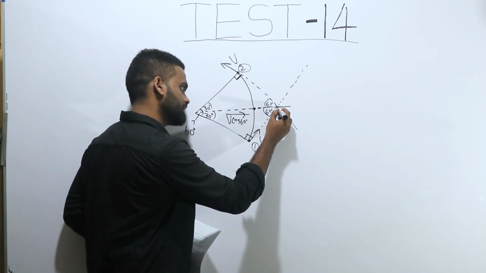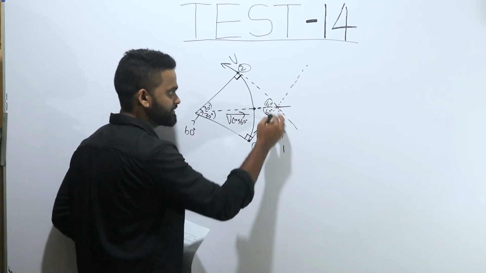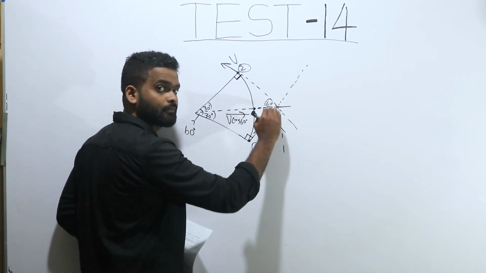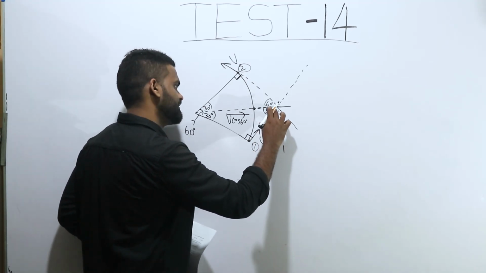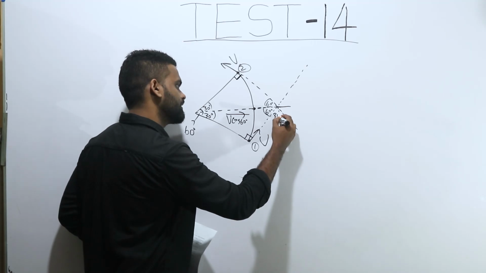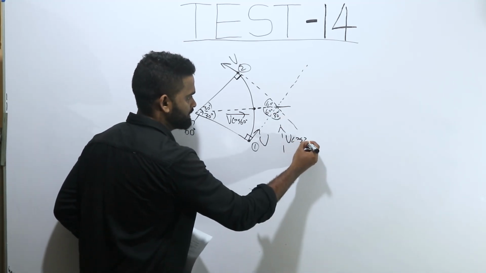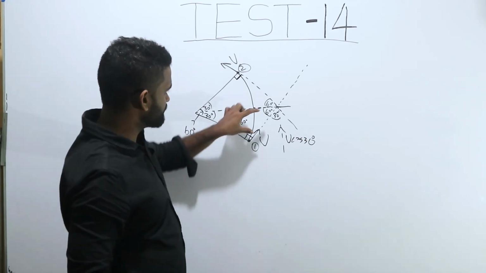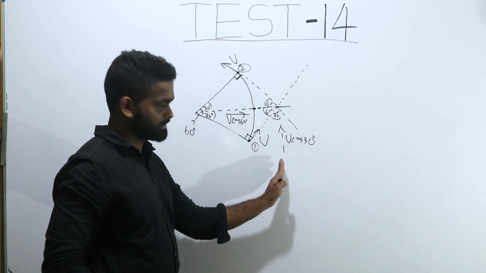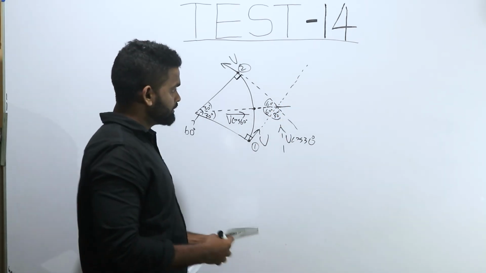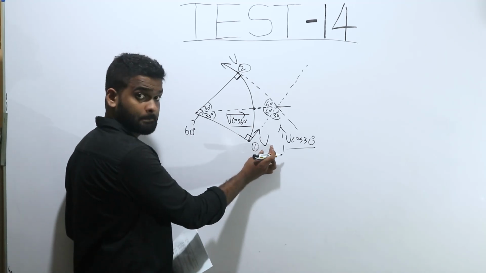Then I am taking a component of the same velocity along this line, which is normal to this line. That should be V sin 60, or V cos 30. I'll say cos 30. So this component is V cos 60 to this side, V cos 30 upwards.